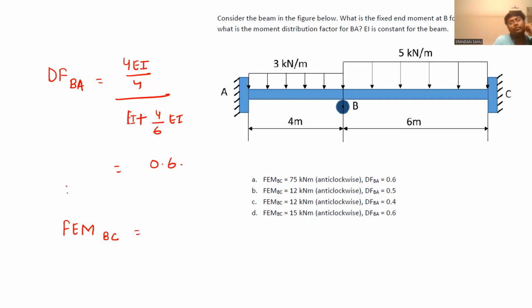That is a fixed moment at B for beam BC.